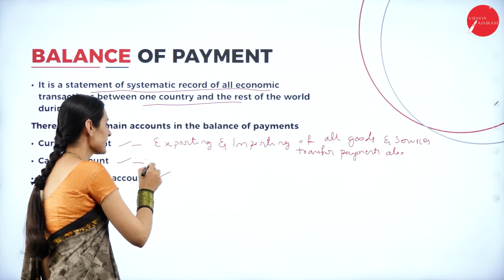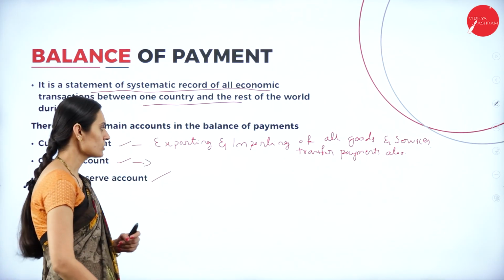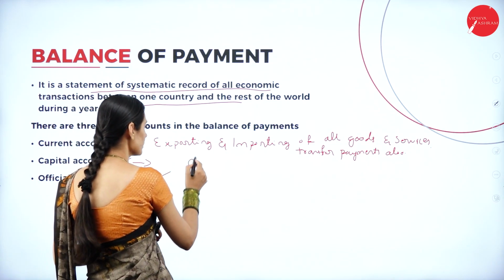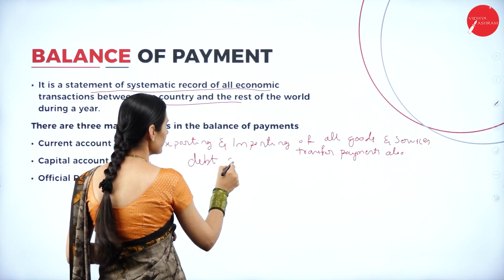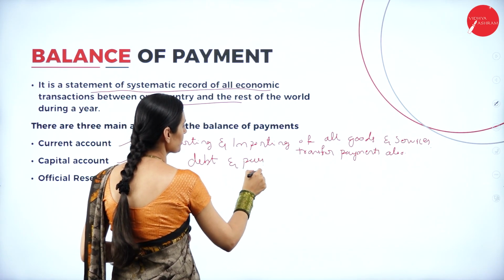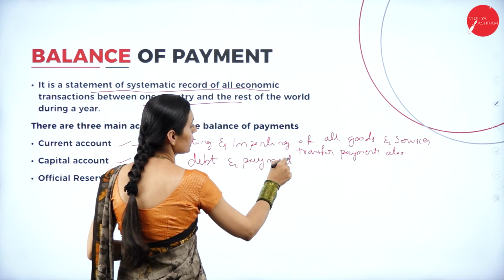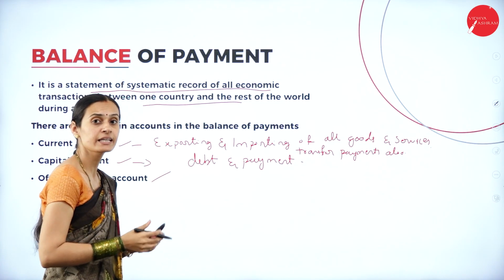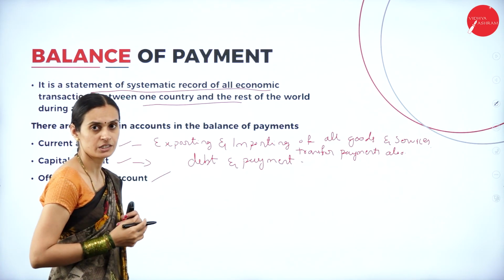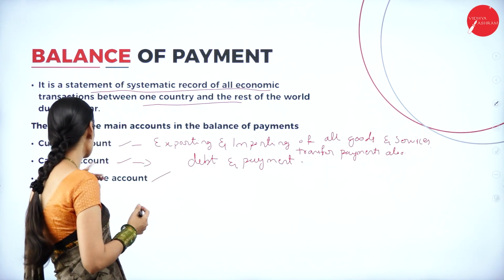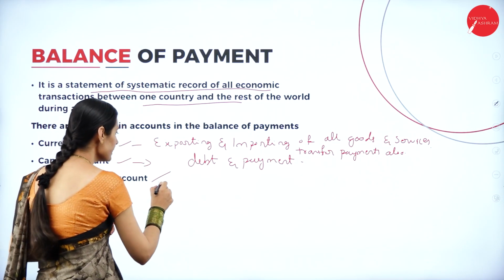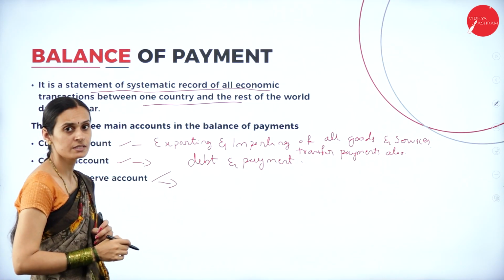And second one, capital account. This is a statement about debt and payment: which country has lending and borrowings with other countries. So that is about capital accounts. And the last one is official reserve account.